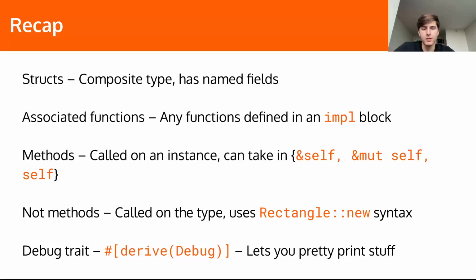And the non-methods don't take in an instance and use the type of rectangle instead of the instance itself. Then, to easily pretty print stuff, you can use the debug trait. So tell the compiler to derive what it'll look like to debug on your system.